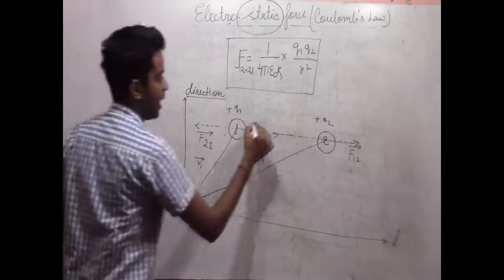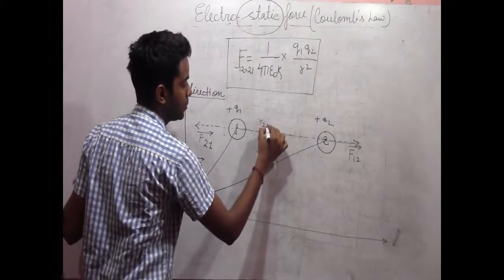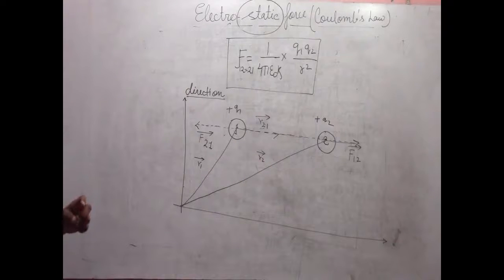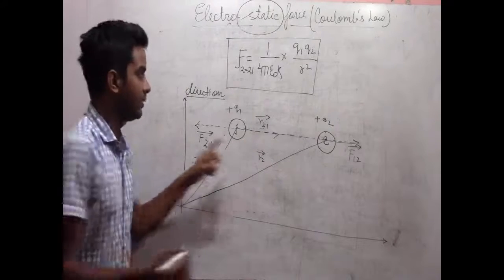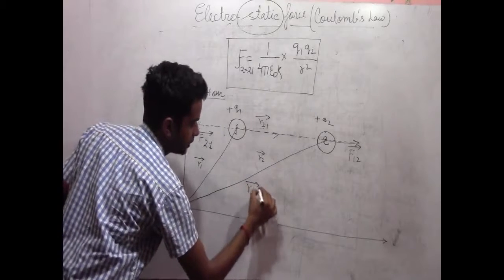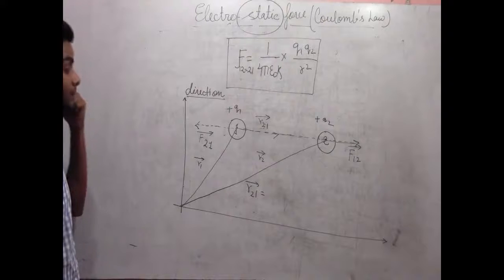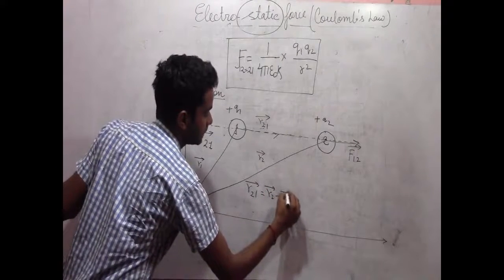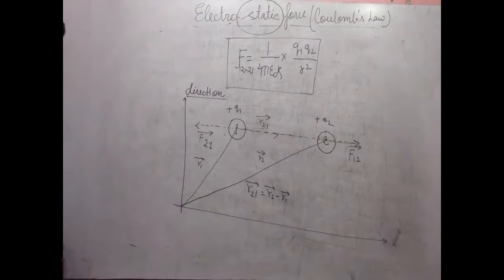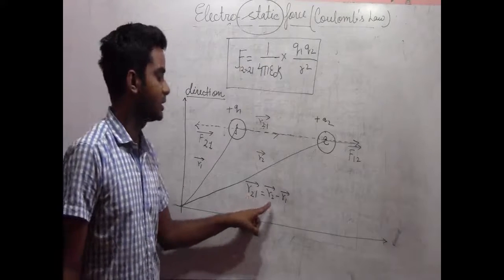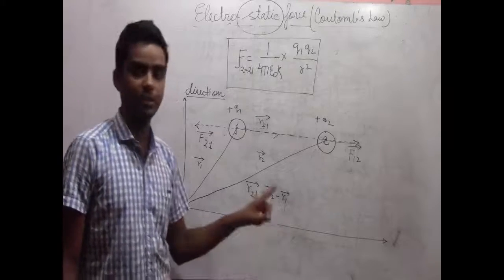If I just calculate vector r21, how can you calculate it? You know it very well. Vector r21 is equal to vector r2 minus vector r1.